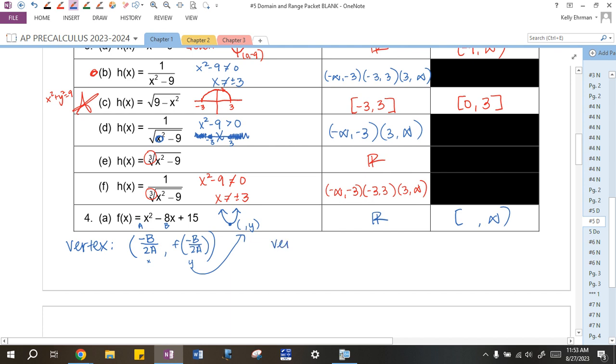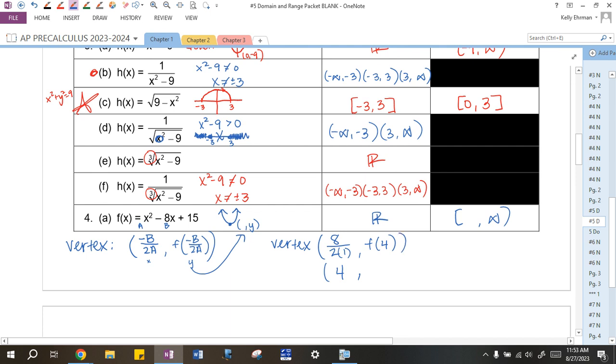Our vertex is the opposite of negative 8, so negative 8 becomes positive 8, over 2 times 1, since there's just a 1 in front of the x squared. So 8 over 2, and our vertex has an x value of 4. Then we plug in f of 4 to figure out the y value.